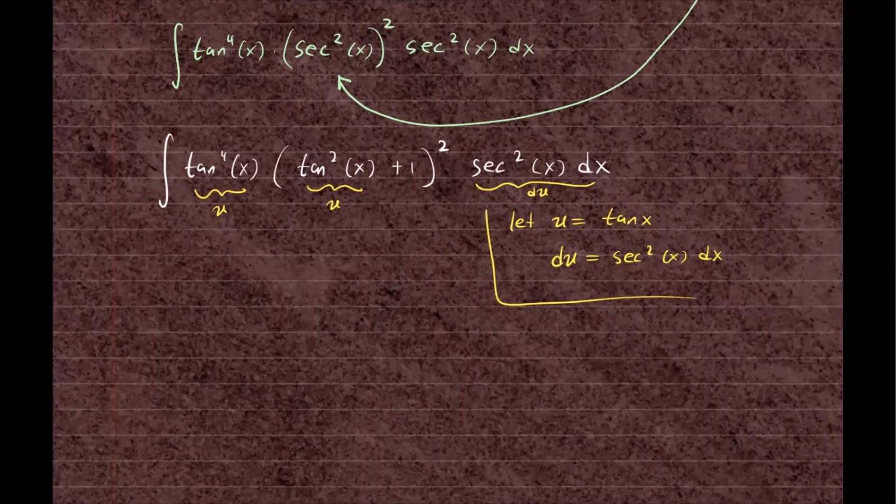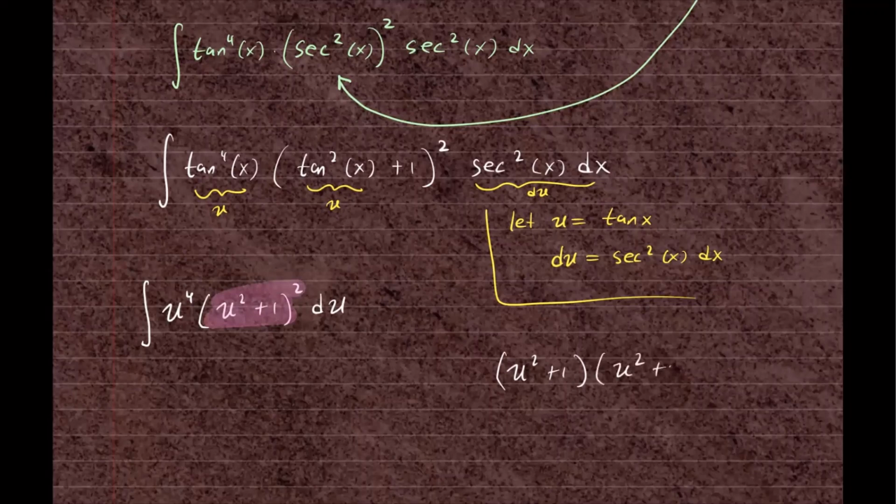So our integral becomes, in terms of the u variable, u to the fourth power times u squared plus 1 squared du. I hope you can see that. Now here we need to do some expansion. If you have u squared plus 1 to the second power, that just means you have the same factor twice.